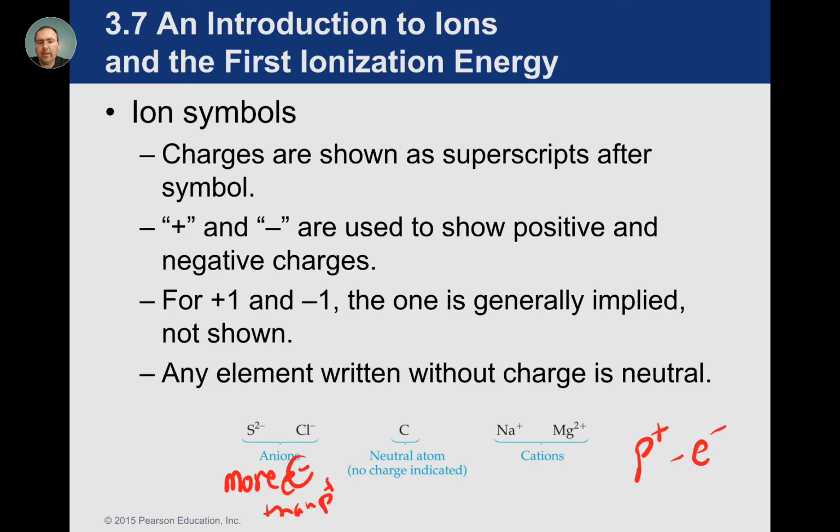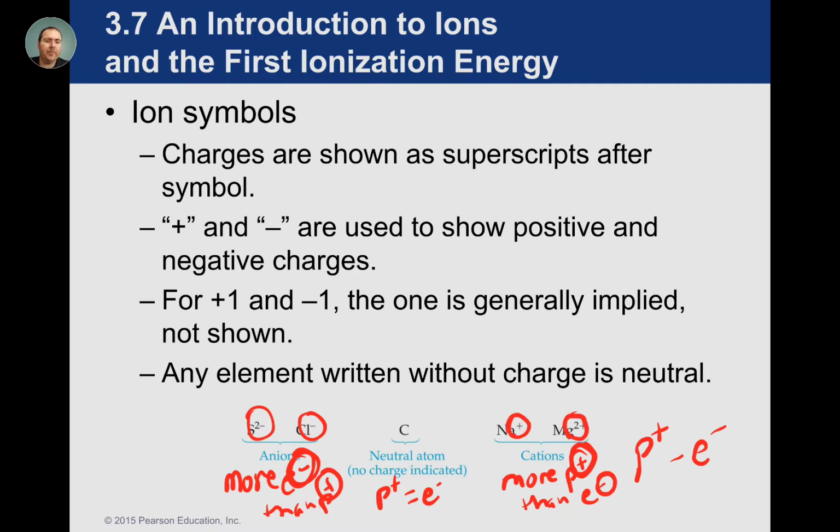So if you have more negative than you have positive, you end up negative. Obviously, neutral just means that your protons are equal to your electrons. Over here, it just means you have more protons and less electrons. So if you have more positive protons than electrons, notice you stay positive as a result. So it's keeping track of that idea.